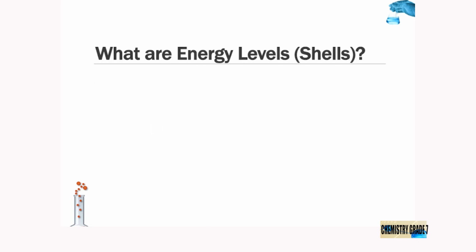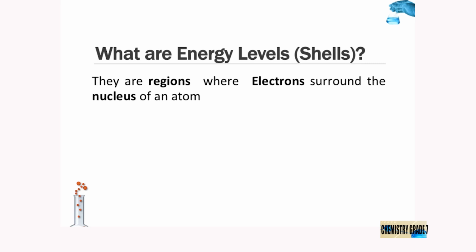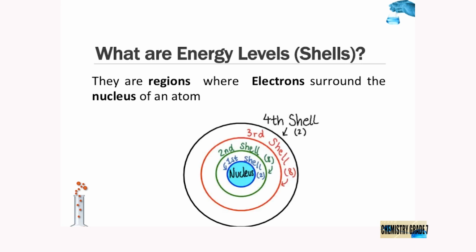What are the energy levels? I've already told you that electrons revolve around the nucleus. They do so in shells. The shells are the regions where the electrons surround the nucleus of an atom. This is a very oversimplified depiction of those shells.